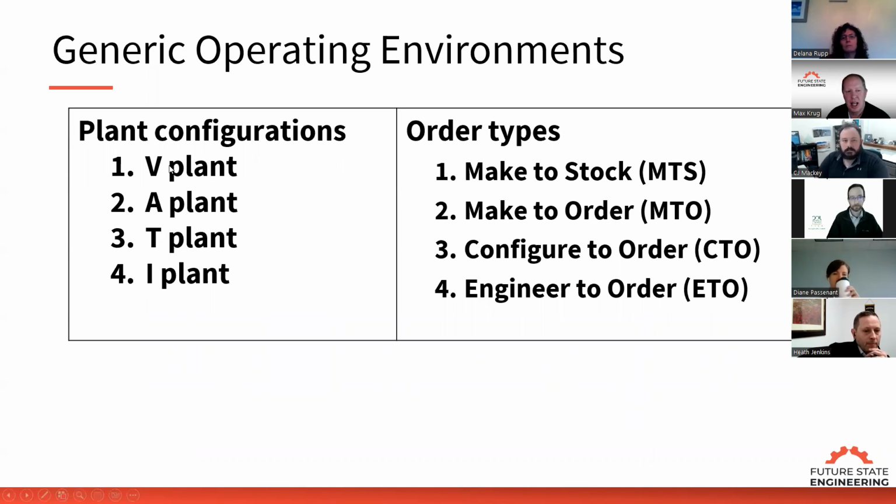In a V plant, a lot of times I have alternate equipment I can run on, so it's not a big deal because I just move it to another piece of equipment. In an A plant, the problem is that the part I need for assembly doesn't get done, so the assembly is held up because I'm waiting for the one component that has to go through that machine that's broken down. So the implications of that on the business are different.